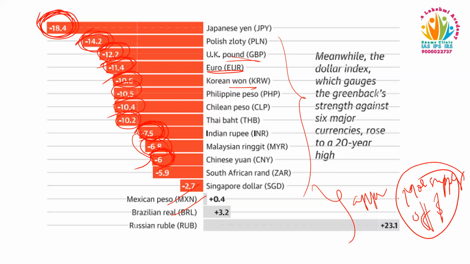So the Russian ruble has appreciated by 23.1% with respect to the dollar. Meanwhile, the dollar index, which gauges the greenback's strength against 6 major currencies, rose to a 20-year high.